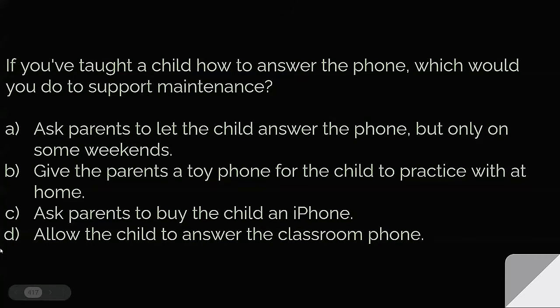With the classroom phone, you're going to get more opportunities than just on some weekends. So you need an opportunity to do it and to get reinforced for it. So D is the right answer. That's going to give this kid the most opportunities to engage. Again, maintenance is about you having to keep getting reinforced for it. Got to be able to do it and receive reinforcement.